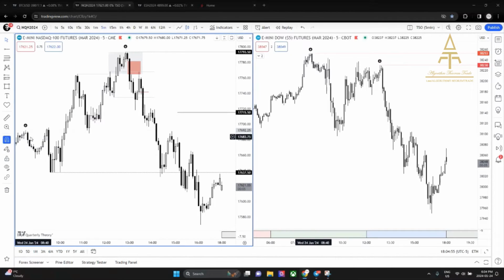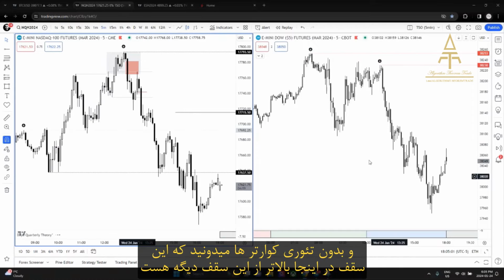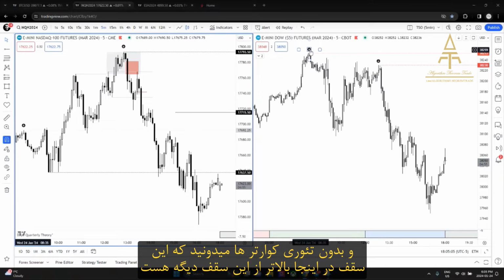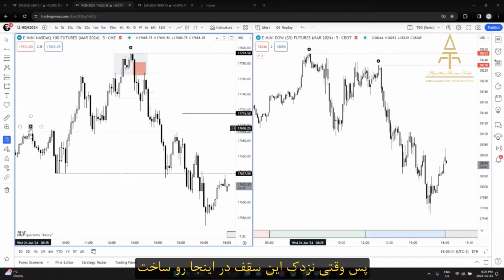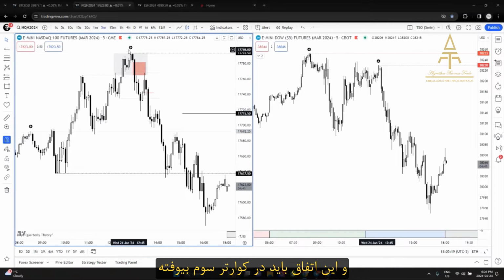This is SMT divergence. With our quarterly theory, this high right here is higher than this lower high. So when Nasdaq made this high right here, throughout the day it continued to trade above it. And listen, this has to happen during Q3.